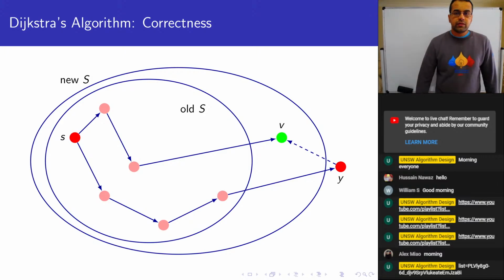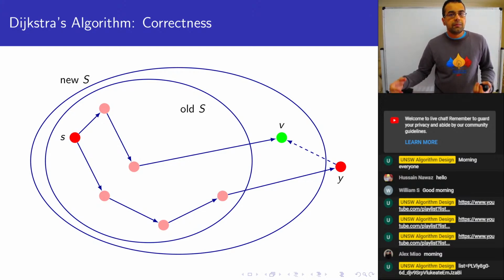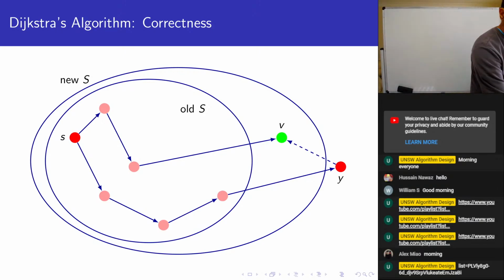Well, you may observe that the path P dash, which goes from S to Y and then on to V, must first consist of a path from S to Y and then some stuff. And that's the key observation.